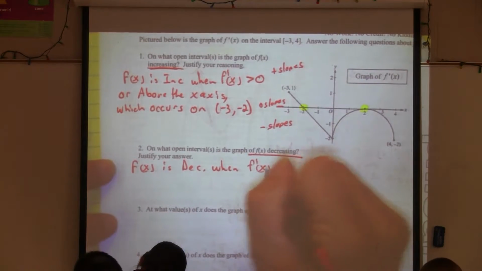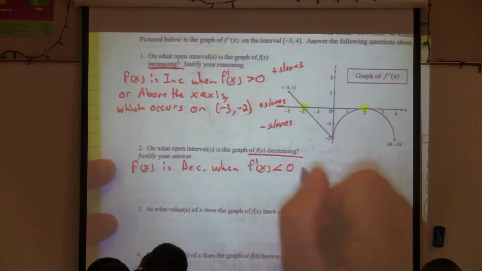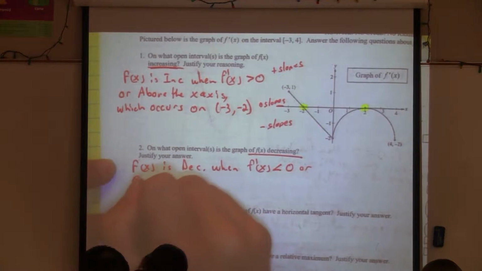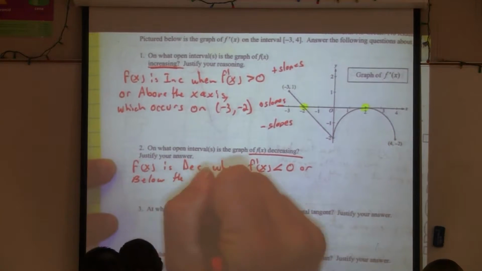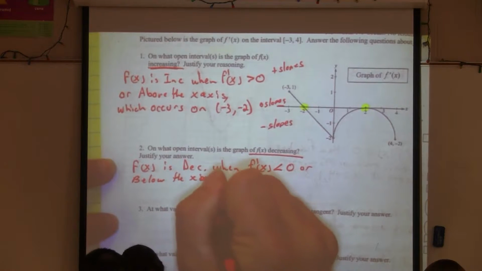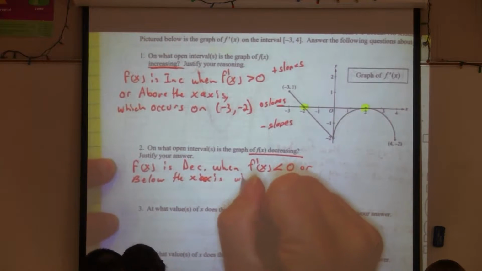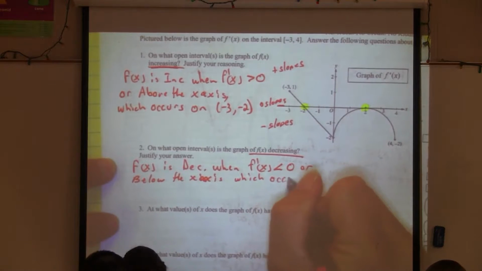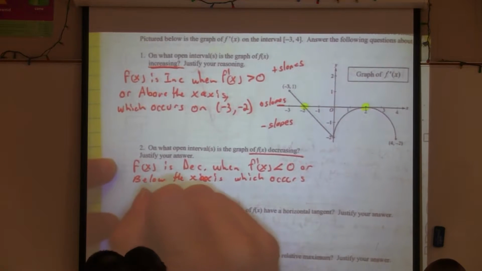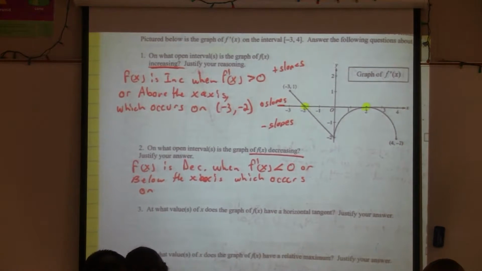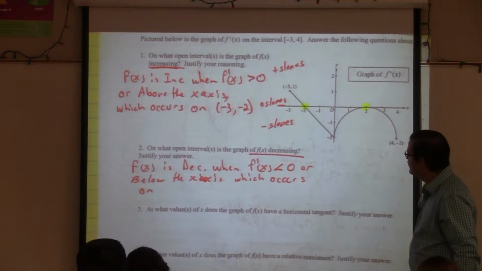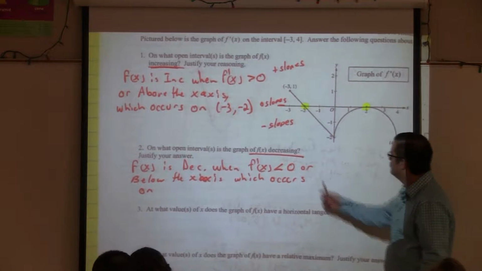F prime of x is less than 0, or below the x-axis, which occurs on what intervals? -2.